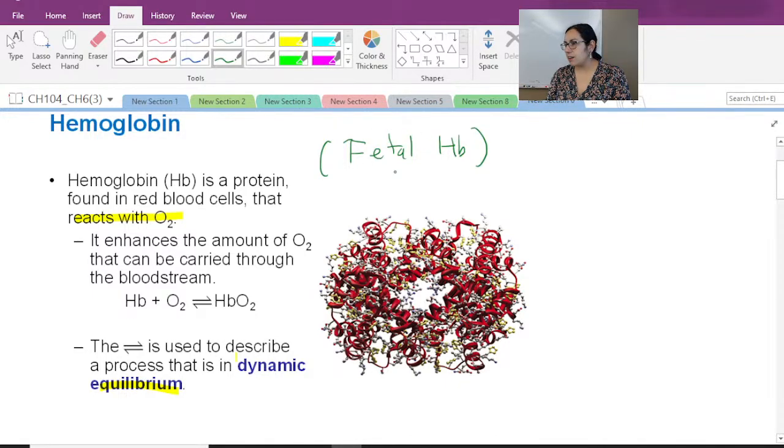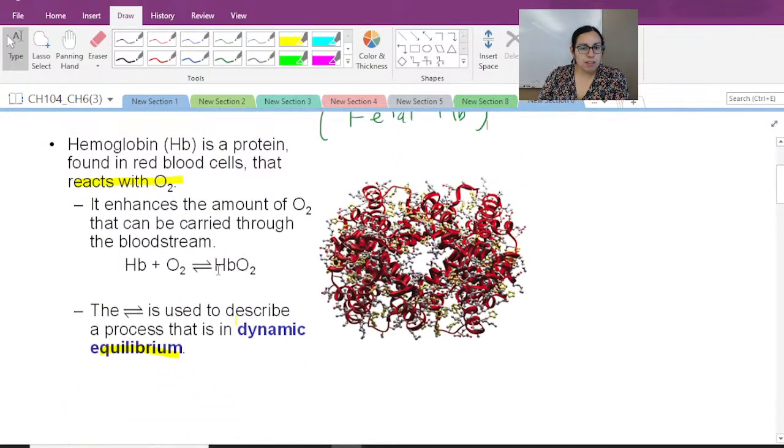What's kind of fascinating, and why it's called fetal hemoglobin, is that it actually has a different binding constant. That's how the mom is able to give oxygen to the baby, and the fetal hemoglobin has a different binding constant so that the baby can get oxygen as well as the mom. So all part of dynamic equilibrium.